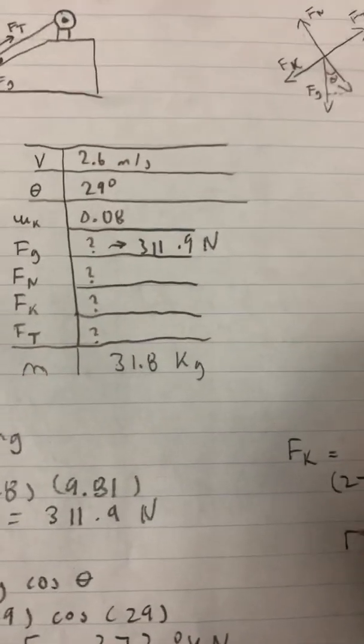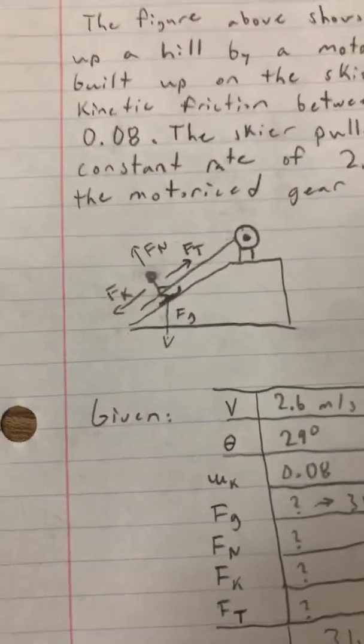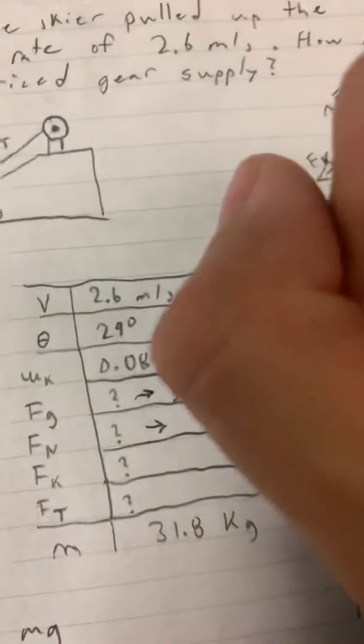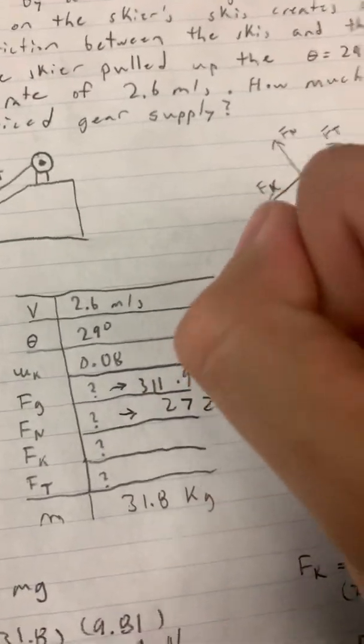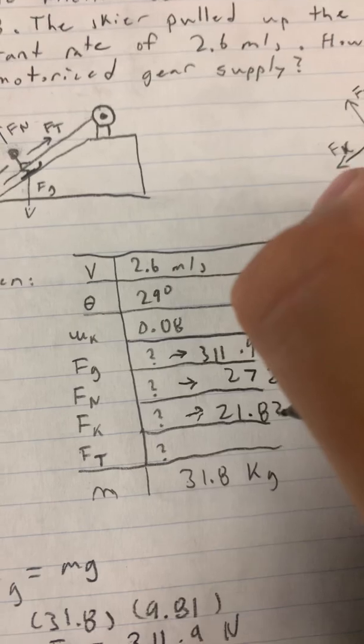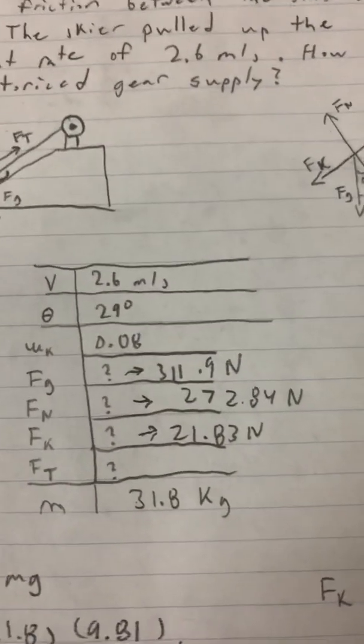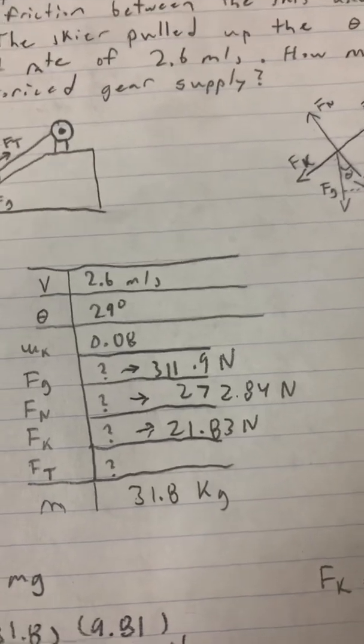From that, we find that the force of kinetic friction is equal to 21.83 newtons. But now the question is, how are we supposed to find Ft, which is basically the applied force?